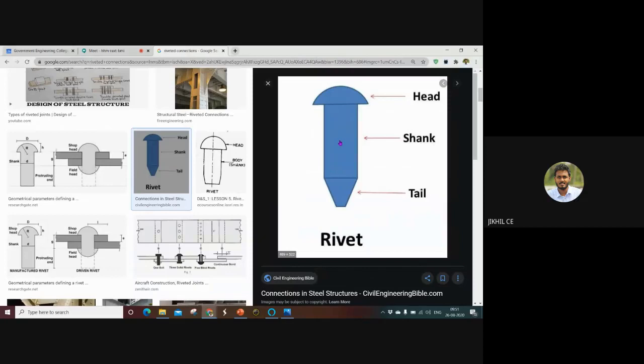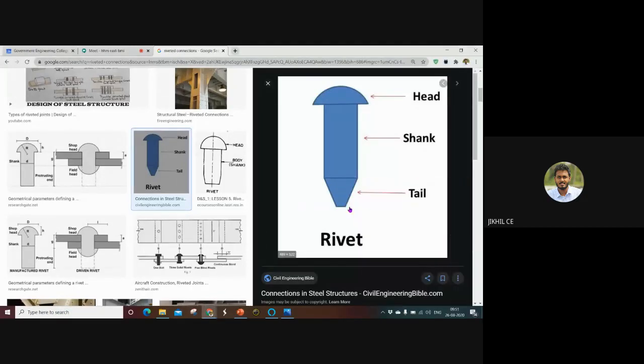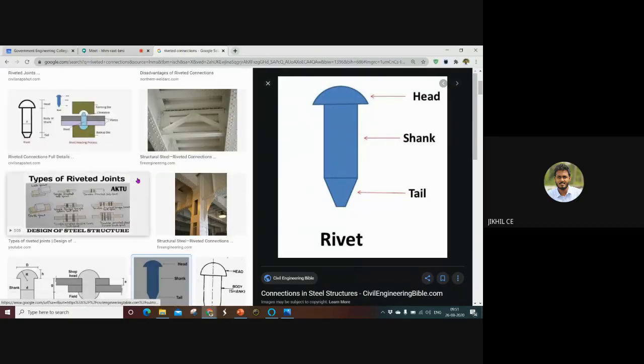So this will be a rivet, and the rivet has a head and a shank portion, and this is a tail portion. At the place where you have to make a connection, you insert the rivet into the hole which is already made, and the bottom portion will be melted and hammered so that it fixes into the hole.